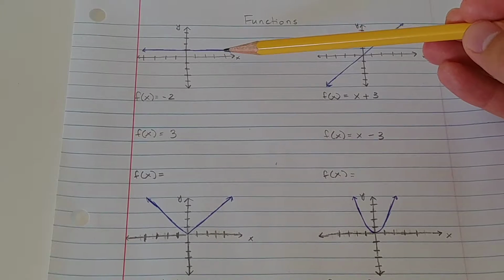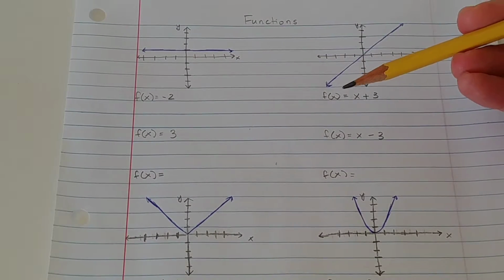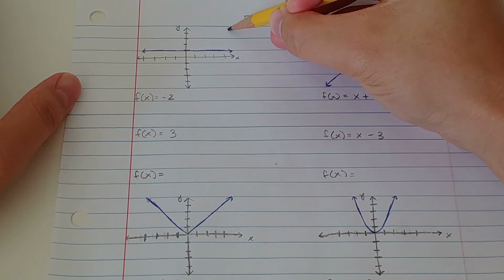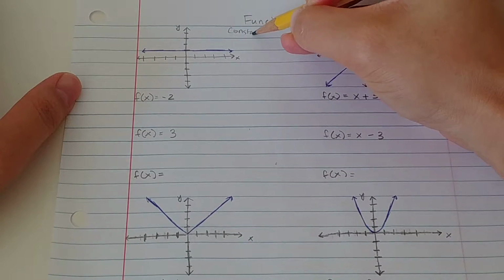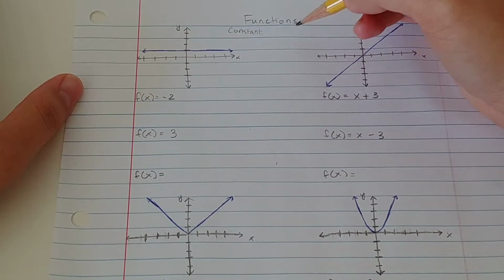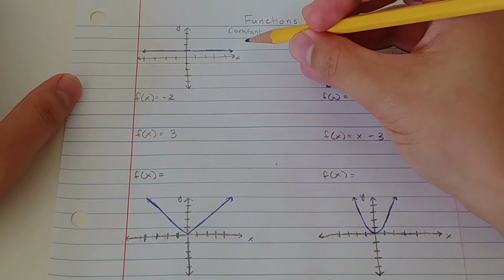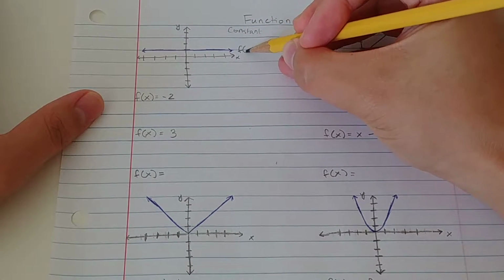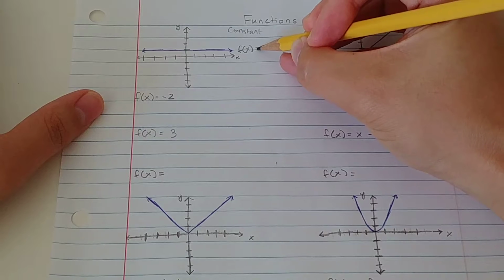Whenever you see a horizontal line like this one, it is called a constant. So this is a constant function. The equation for this one is f of x equals some number.